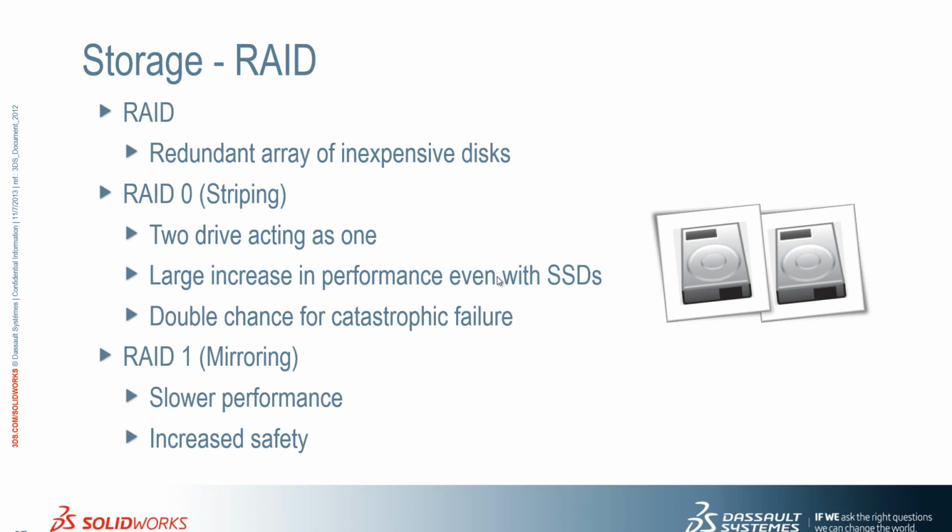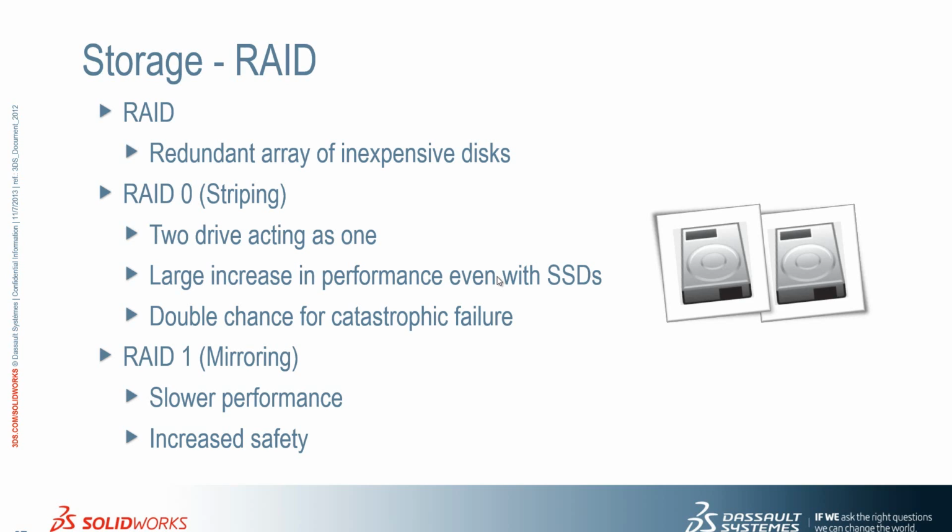Right, okay, RAID now. For those of you who don't know what RAID is, it's a system that allows you to take more than one hard disk, say two, and combine them to act as one disk. That's one type of RAID. It's called striping.